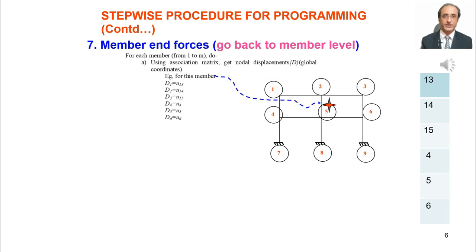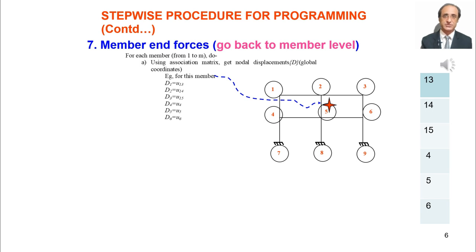That is, D1 is U13, D2 is U14, D3 is U15. Similarly, D4 is U4, D5 is U5 and D6 is U6. So what are U13, U14, U15, U4, U5, U6? These are the joint displacements obtained from the analysis in the previous step concerned with the structure as a whole. So the displacements connected to each member are basically a subset of these overall structural joint displacements.